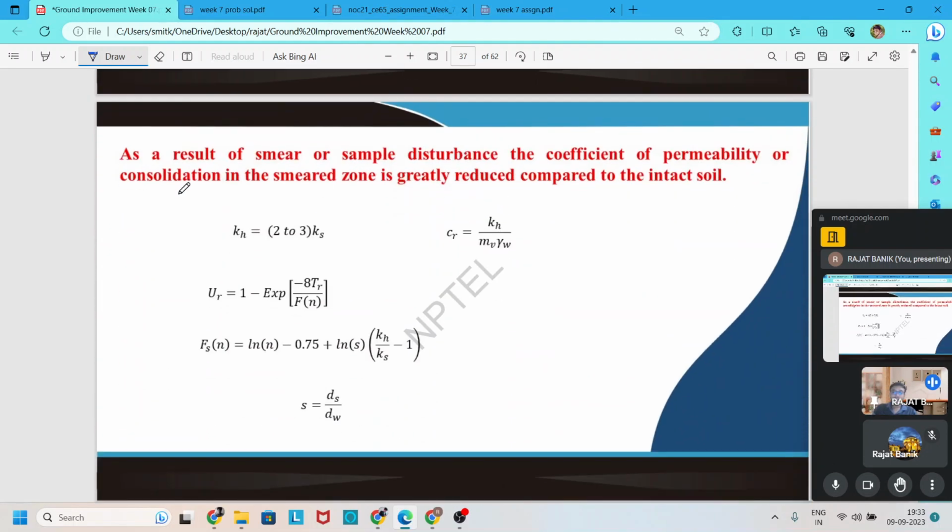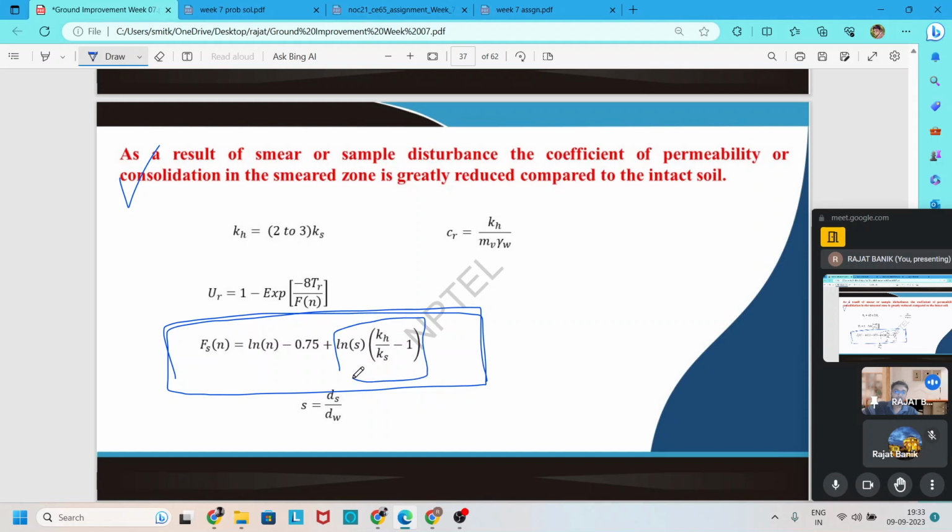In the next slide, we modify our formula when we consider the smearing effect. Here a little adjustment is applied.